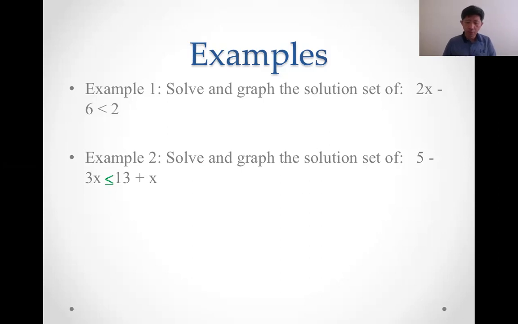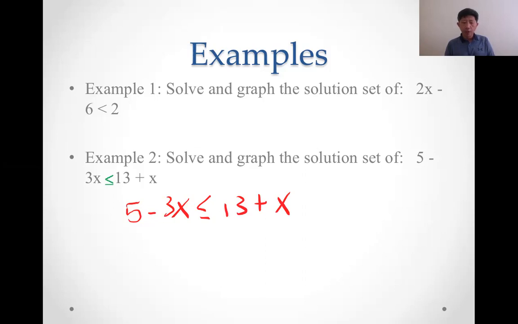So here we're going to take care of the problem just like solving for x, with the unknowns on one side and the numbers on the other side. So I want to simplify this.